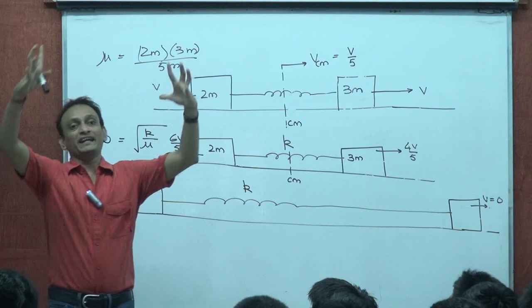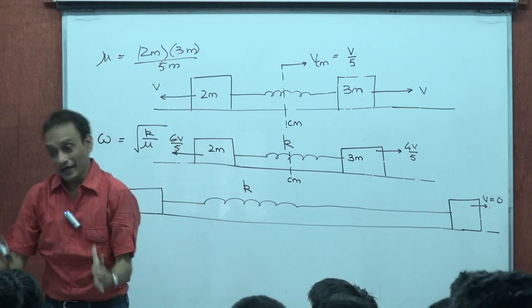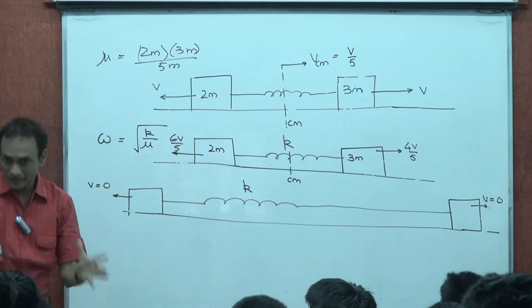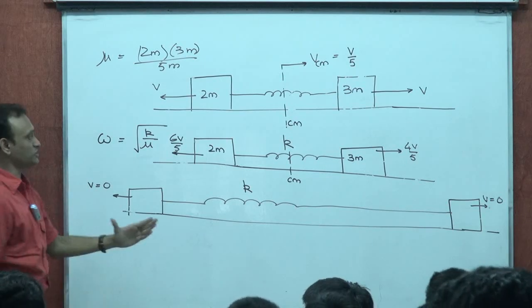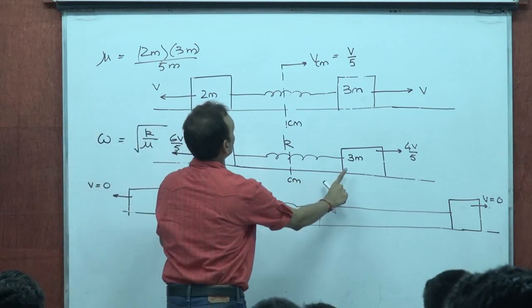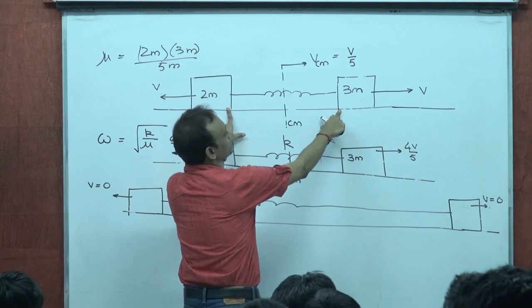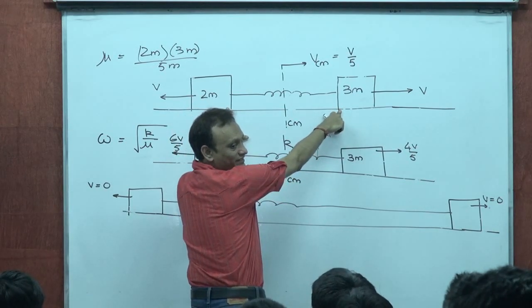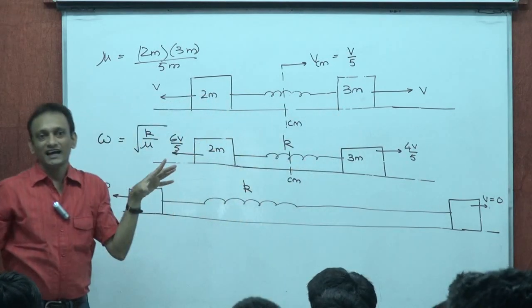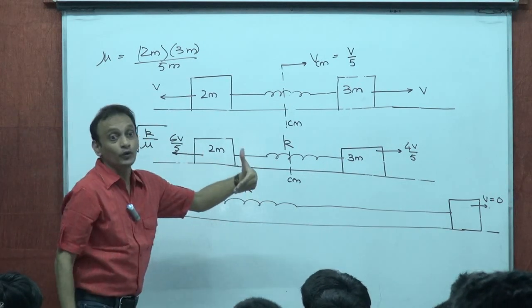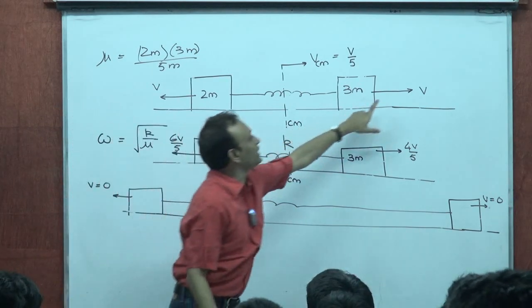Okay, I can apply work energy theorem in the center of mass frame, right? What's the kinetic energy of the system in the center of mass frame to begin with? Half mu into VREL squared. What is VREL? 2V.